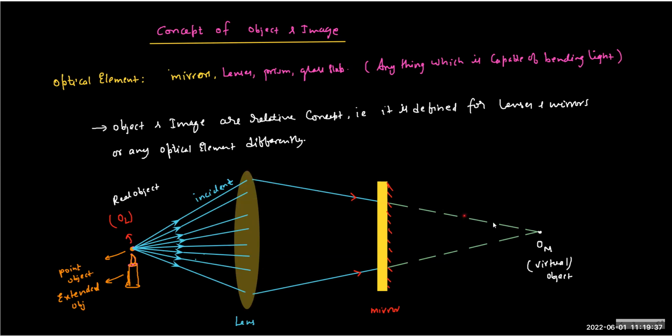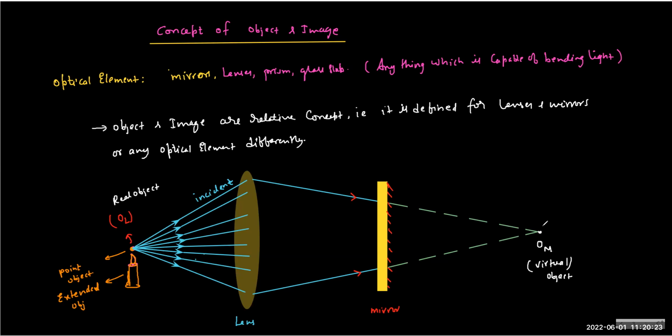If you trace this direction, will they meet actually? Yes. Just like the object is defined for the incident light, the image is defined for the refracted or reflected light.